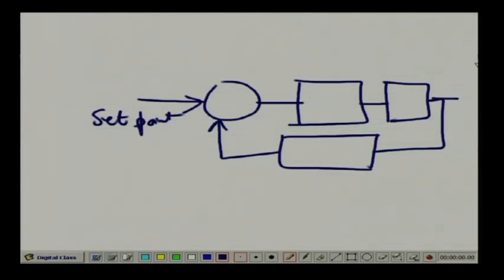Our goal is to make R equal to C. That means these two should remain the same. If there is a difference, I will get an error voltage. So, our controller will take some action. It will send some signal to the control valve so that it moves in such a direction that the error will again be 0, right.